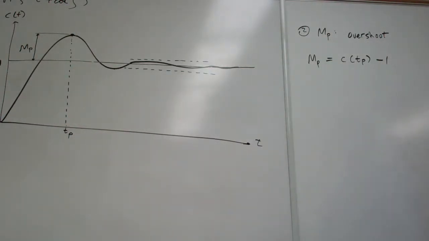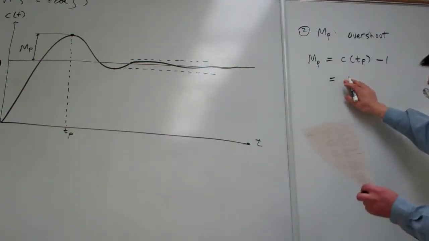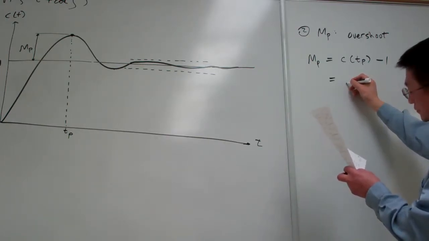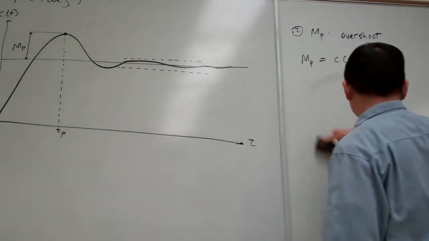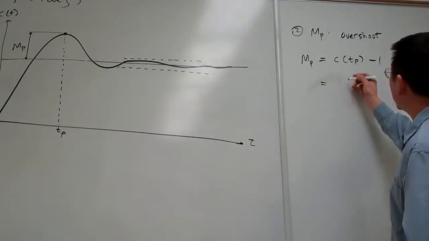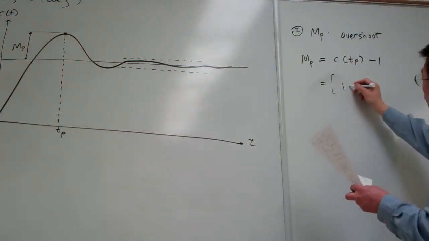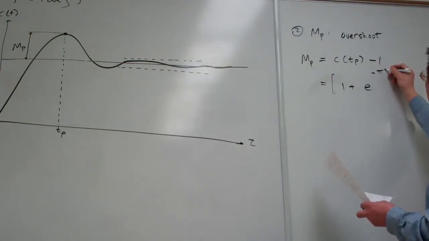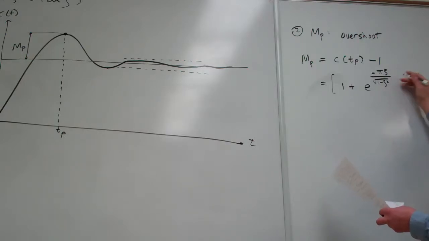Okay, then again, here we have a few steps of detailed calculation, and the result will be the maximum value of the response at the TP equal to 1 plus e to the minus pi zeta divided by square root of 1 minus zeta squared.